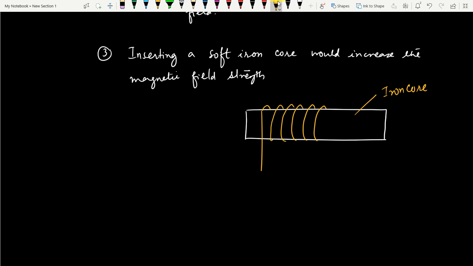If you wind this wire on this iron core, this would result in a stronger magnetic field. Once you wind the wire over a soft iron core, magnetic field strength will increase, and this will convert into an electromagnet.